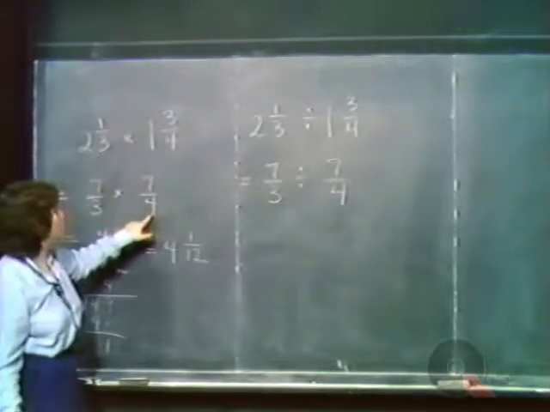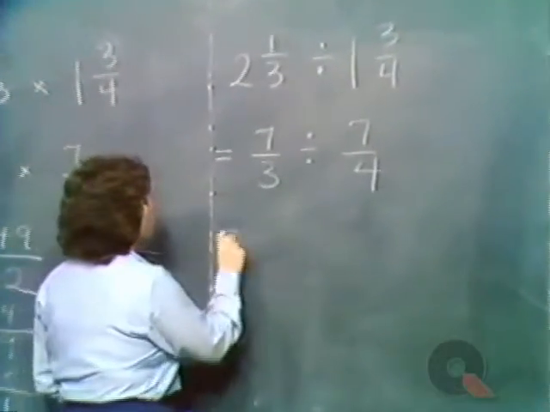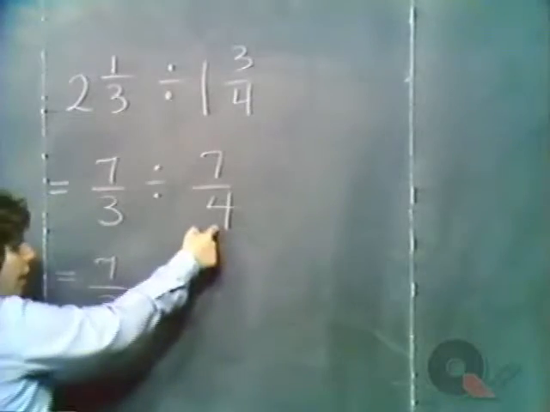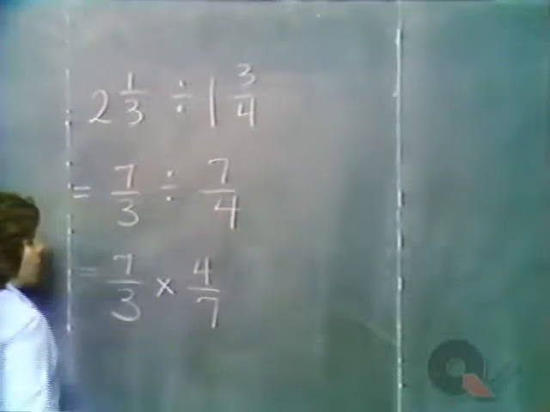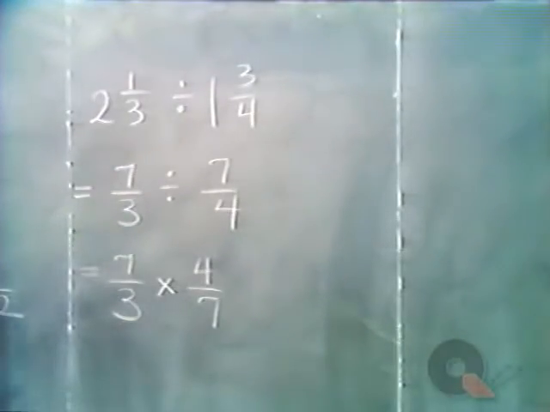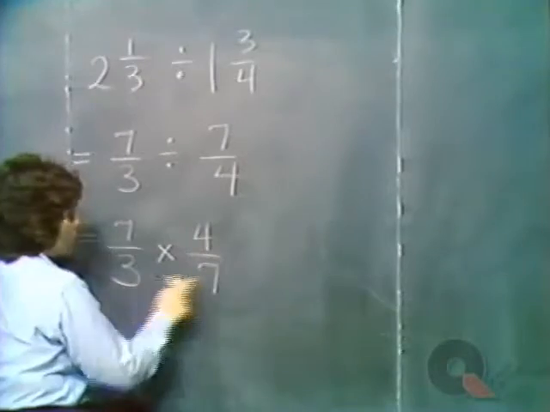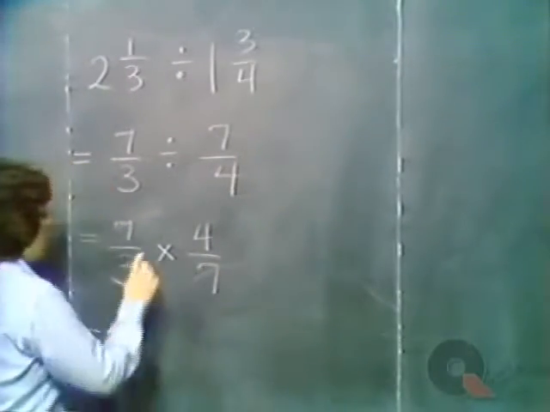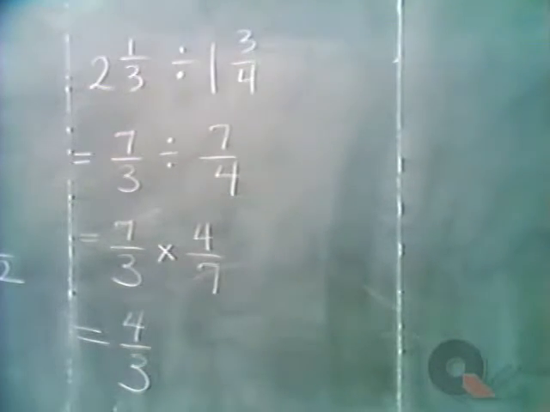But now it's 7/3 divided by 7/4, which means to finish this off, you would have to invert and multiply by 4/7. And that would give us, now you can multiply and get 28 over 21, but that does seem silly because we can certainly cancel the 7s and get a final answer of 4/3.